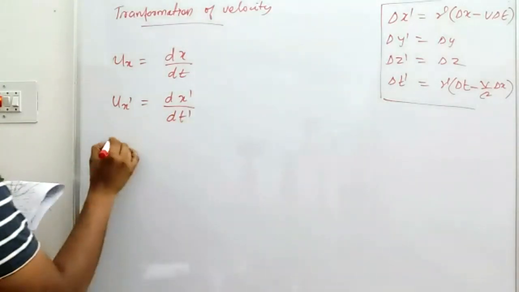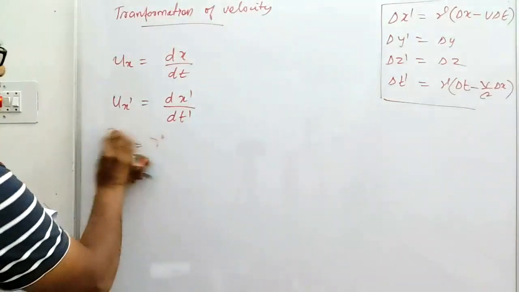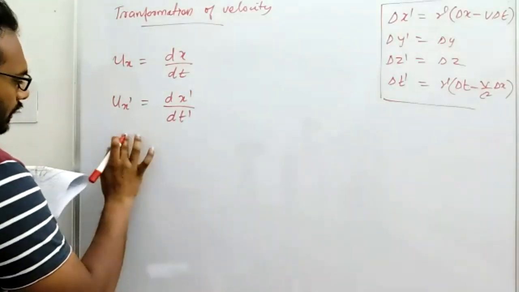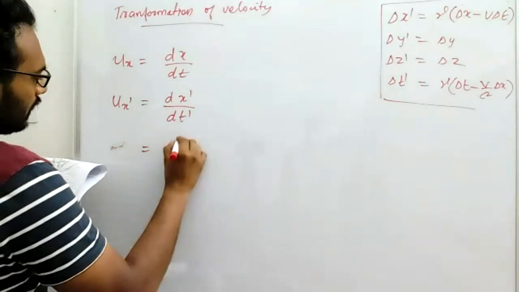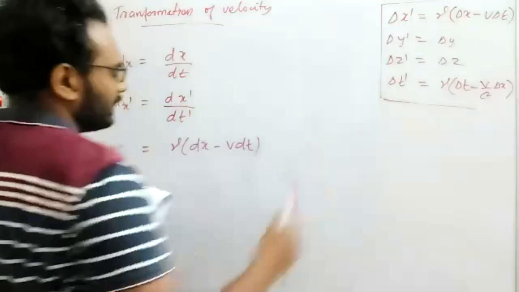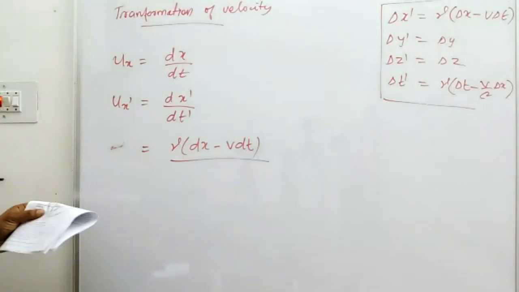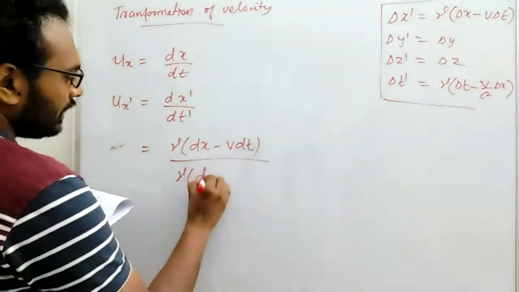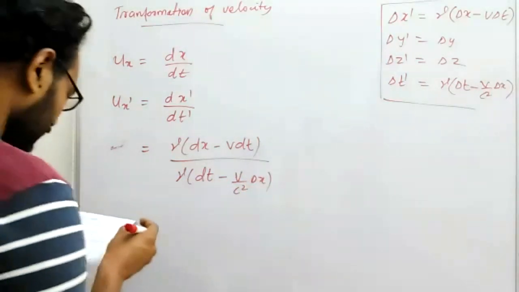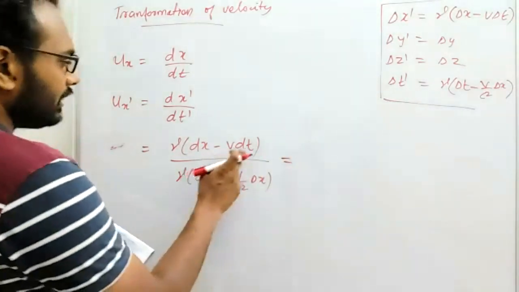But we know that dx prime is equal to gamma dx minus v dt. So you just take the differentials, instead of delta you take d, divided by dt prime, which is gamma dt minus v by c square dx. So this gamma will get cancelled, and you can take this dt outside.